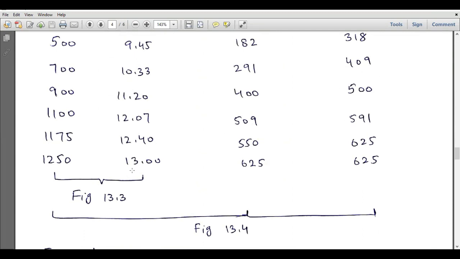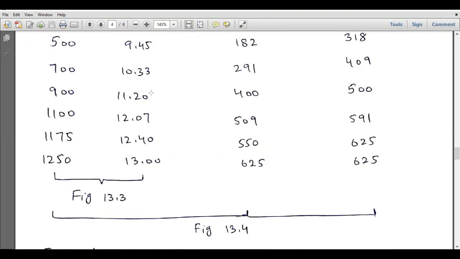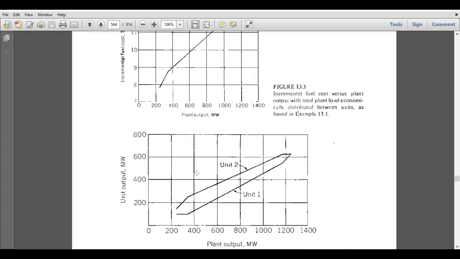So we can plot this PGT with respect to lambda, and this plot is shown in the textbook over here. So this is our PGT and this is our incremental fuel cost. So as PGT increases, lambda also increases, which you can see over here. Lambda is also increasing, and we can also plot PGT with respect to PG1 and PG2, and this is the plot.